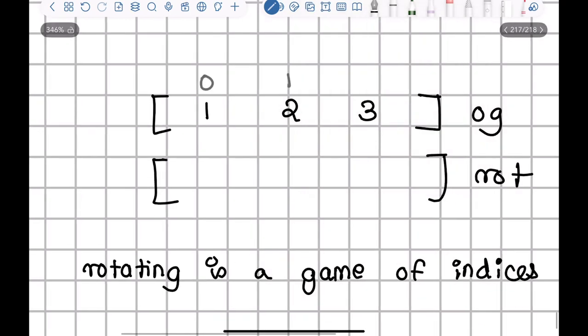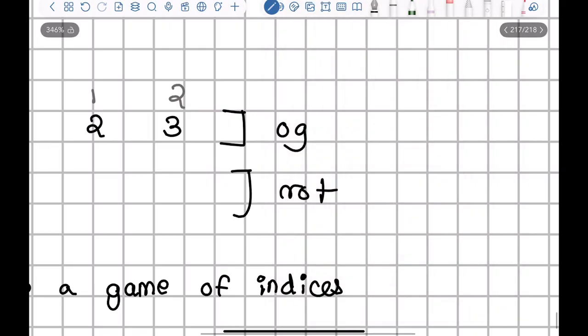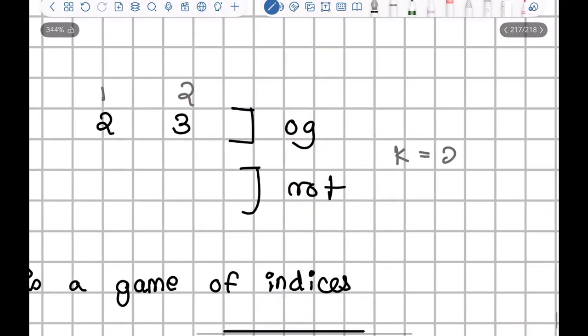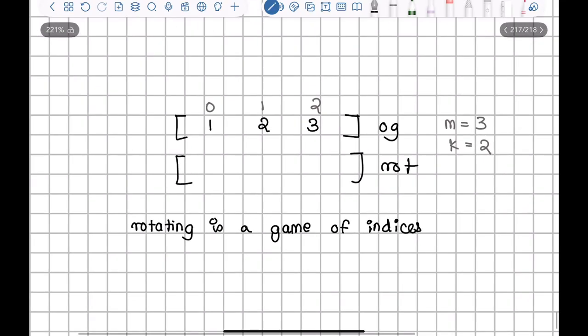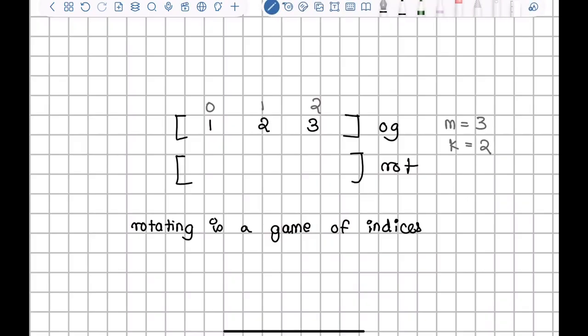0 1 2. My k is equal to 2, my m is equal to 3. What was my m? The length of this array, that is the number of non-negative numbers. So if you see very carefully, I need to rotate this by k times.